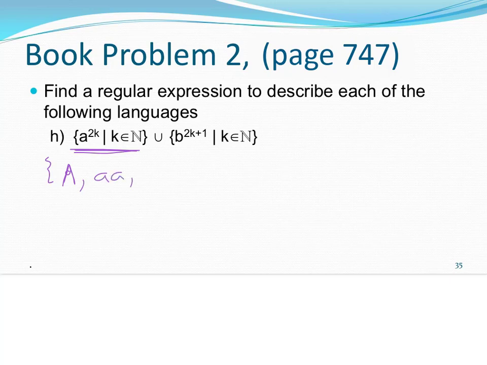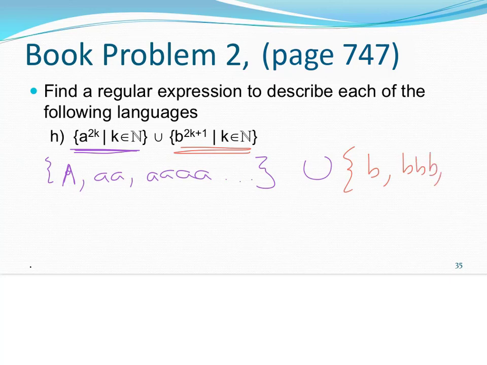And if k is 2, that would be 4 A's. And we're unioning that with this piece, which is b to the 2k plus 1. So we're unioning it with odd numbers of b's. So 1 b, 3 b's, no lambda here, right? 5, and some dot, dot, dots. And a closed curly brace.